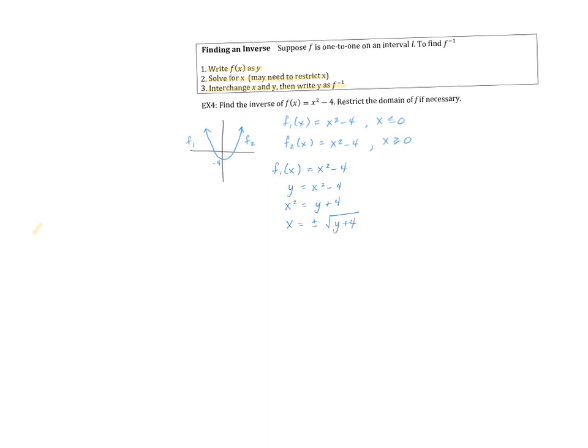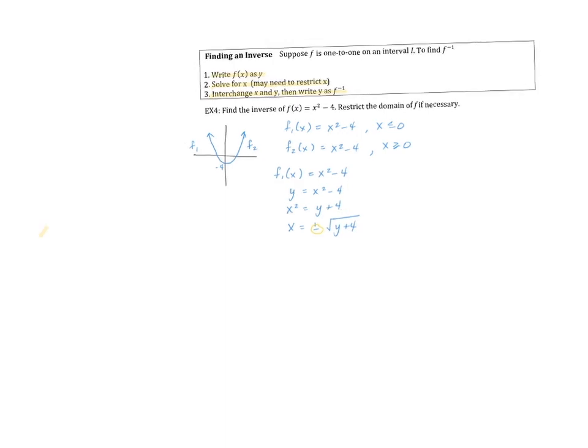Okay, so remember for f sub 1 of x, the x values are less than or equal to 0. So I'm going to choose the negative. Okay, and might as well interchange my x's and y's right now. So this is my inverse function. I can now replace y with f sub 1 inverse of x.